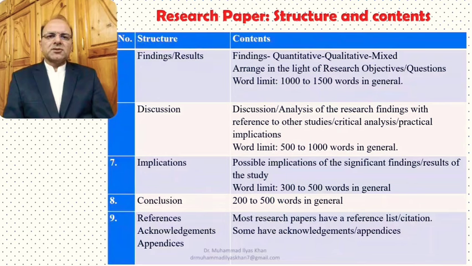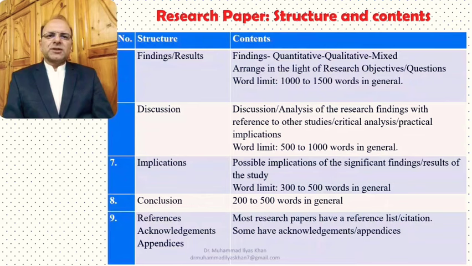And in some cases there are appendices as well, although this is rare, because journals generally do not require appendices as they have limited space, and appendices are generally larger documents such as questionnaires or interview schedules. But in some cases you might also need to include appendices in your research paper.